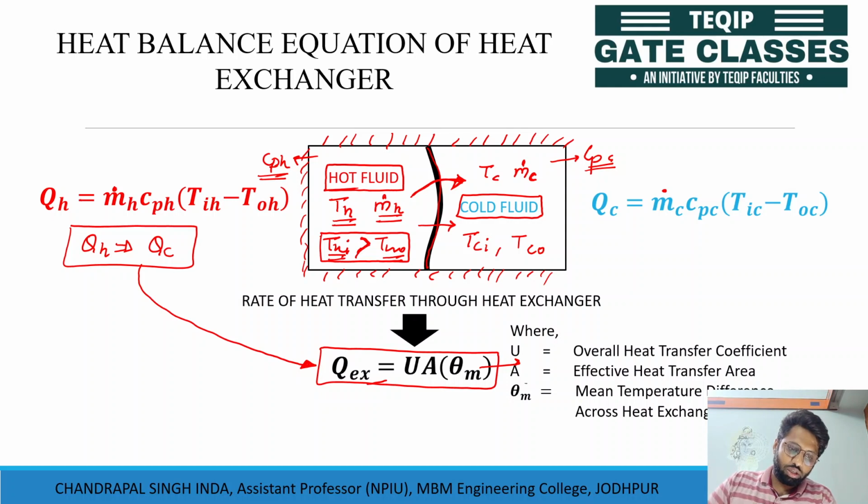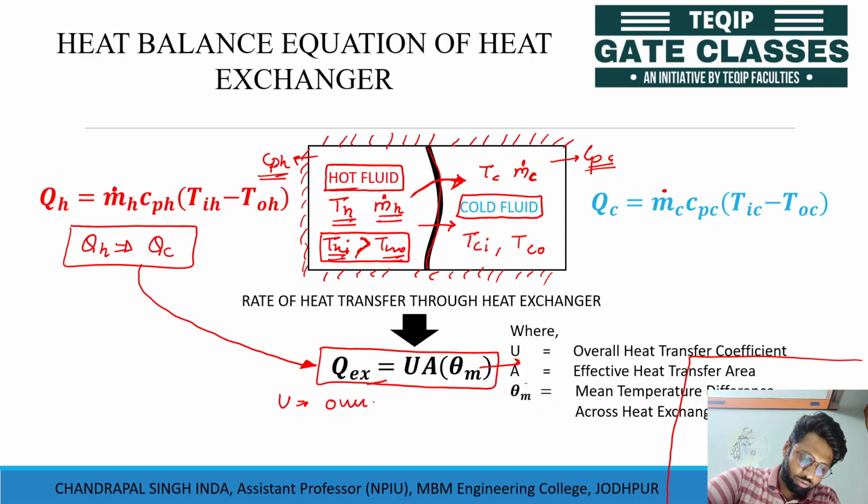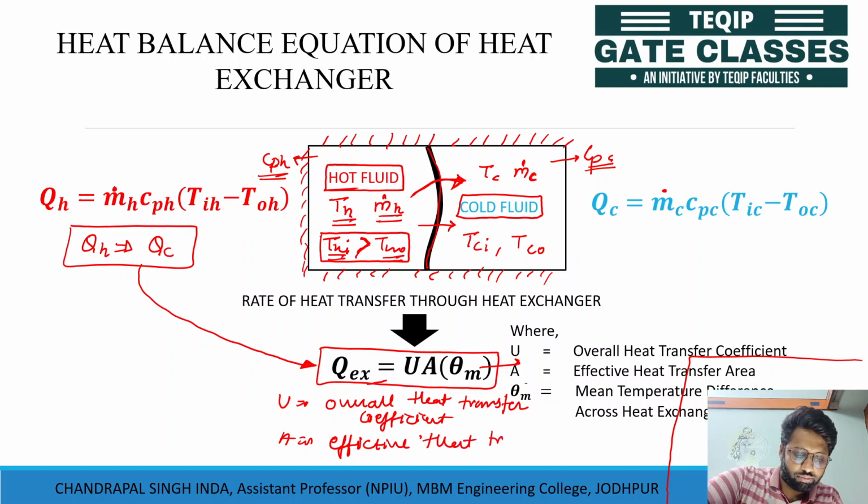I think theta m is not visible to you, as my video is cut off up to this region, so I'm writing on this side that U is equal to the overall heat transfer coefficient, A is the effective heat transfer area, and as I have written, theta m means the mean temperature difference between the hot and the cold fluid.